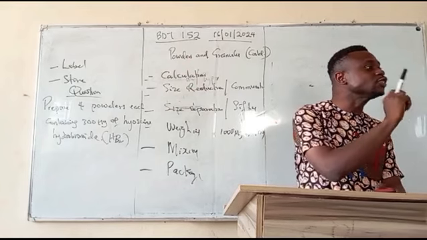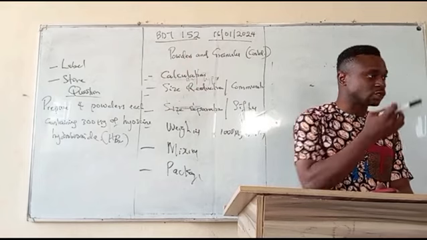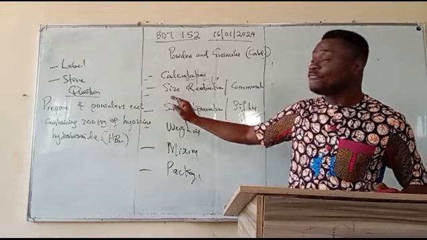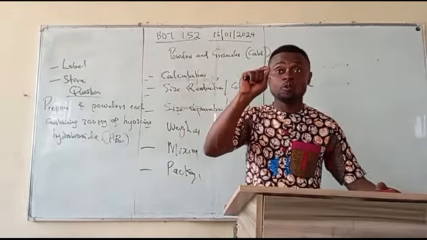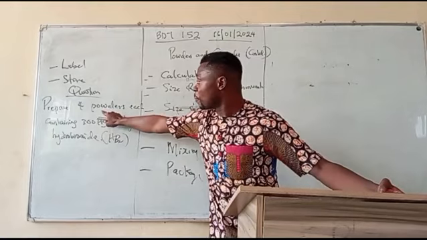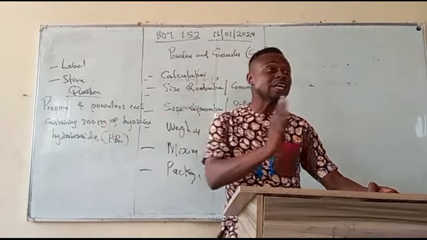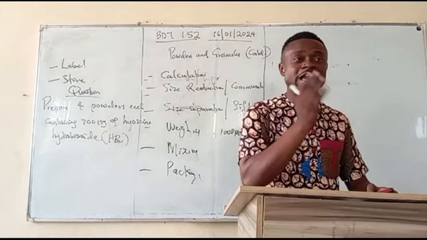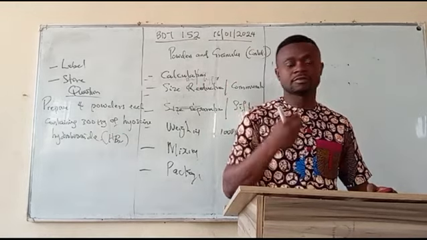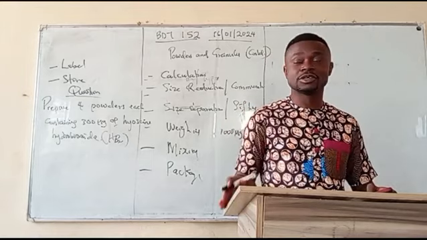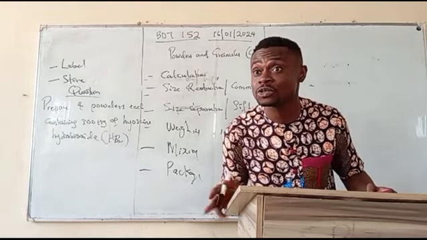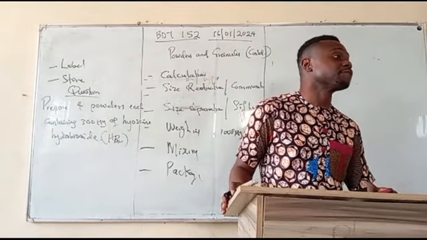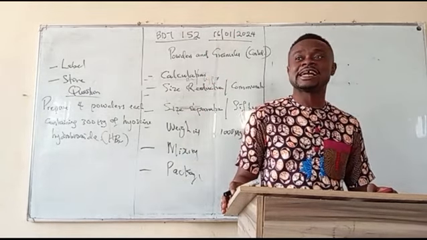Now the first thing you should note is this. Let's assume you want to prepare 4 powders, and you measure accurately the ingredients that will be enough for 4 powders alone. By the time you are done, you may end up preparing only 1 powder or 2 powders. Do you know why? I want someone that thinks.